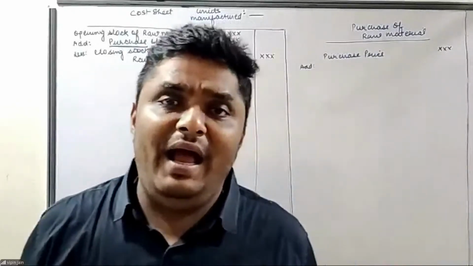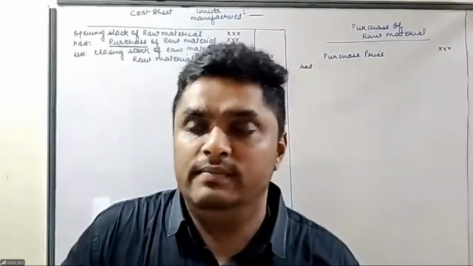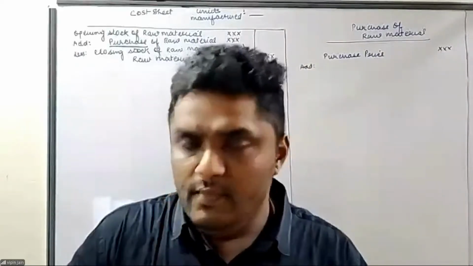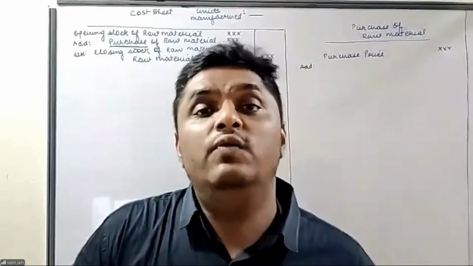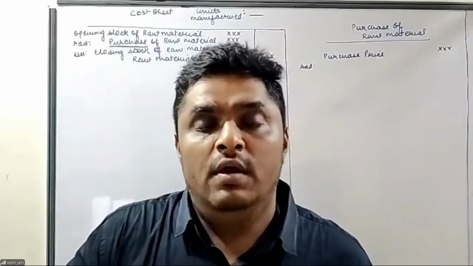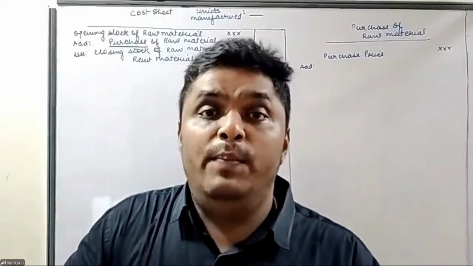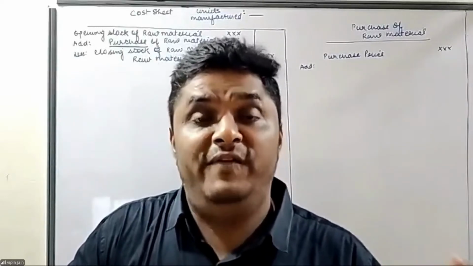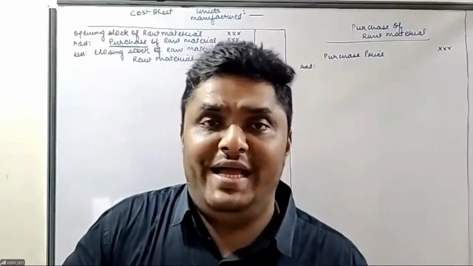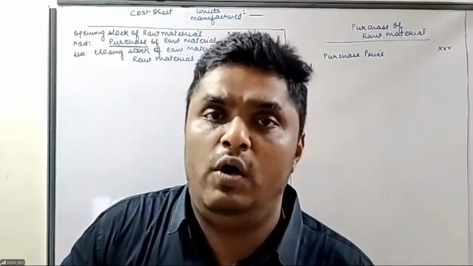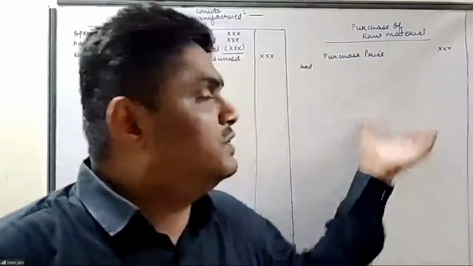Let's say I'm importing my raw material. I'm a manufacturer of wooden furniture and I import teak wood from Indonesia. Now, apart from the price paid to the supplier, the import duty, the carriage inward, the freight inward, the transit insurance, plus any other duties or taxes, by whatever name called, paid to outside parties will be included in this purchase price.